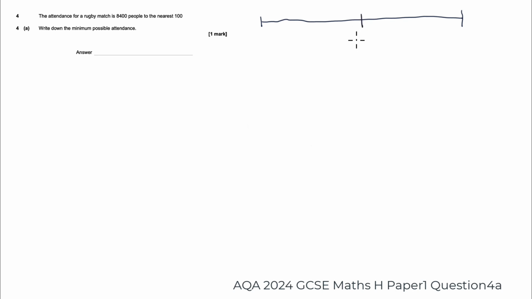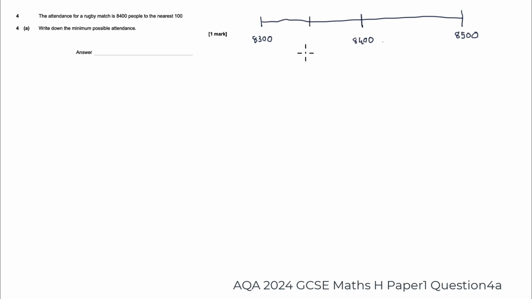So this is a number line, and we've got 84 hundreds. So this mark here would be 83 hundreds, and this would be 85 hundreds. And we're asked what the least value of this is, because it's a rounded number.